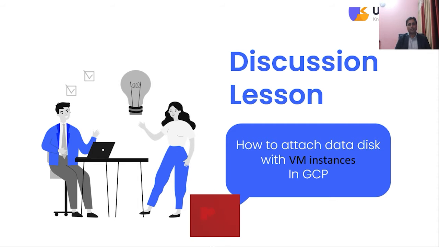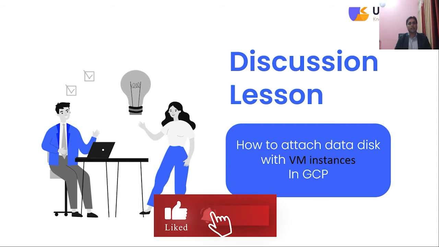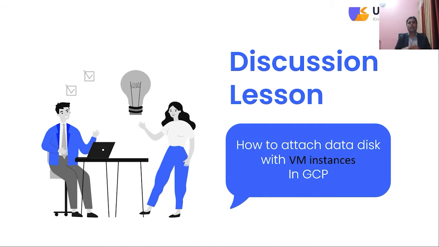Ideally you don't store any important data in the OS disk. Why? In any case your OS is going to crash, which means you can't retain your data. That's why in the industry we attach an additional disk with our instances.